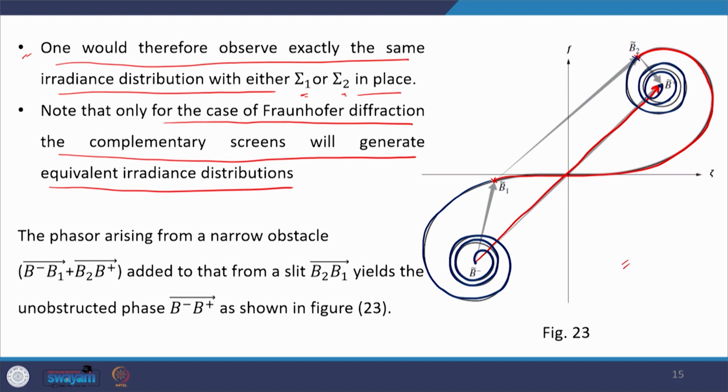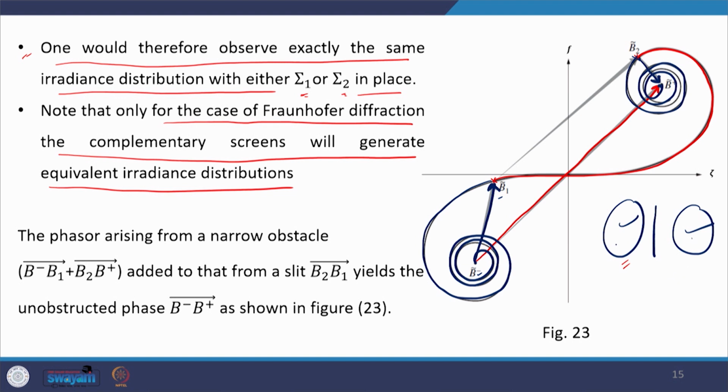Now, these two chords represent the contribution from the narrow obstacle, and the corresponding phasor would be represented by these two vectors, which start from b minus tilde to b1 tilde and b2 tilde to b plus tilde. In the narrow wire there are two contributions, one from the left part of the narrow obstacle and one from the right part.